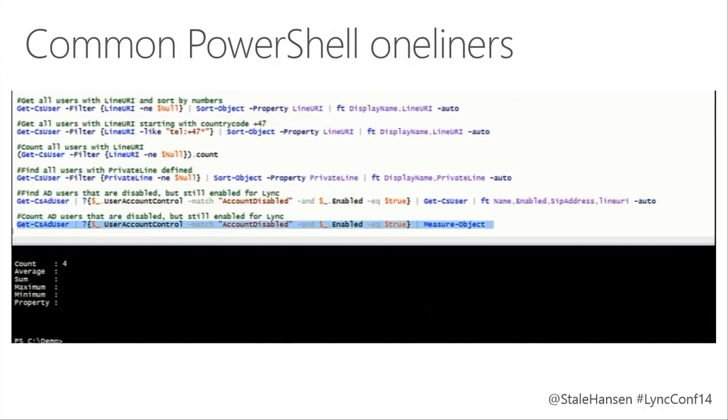Then you can find the timestamp of when they were disabled and see if there are some users here that should have released their numbers, if you have a three-month period where the number should not be assigned to a new user. So stuff like this can be automated.